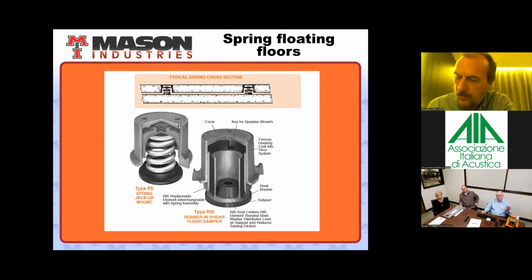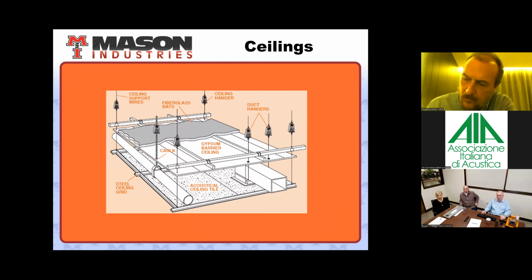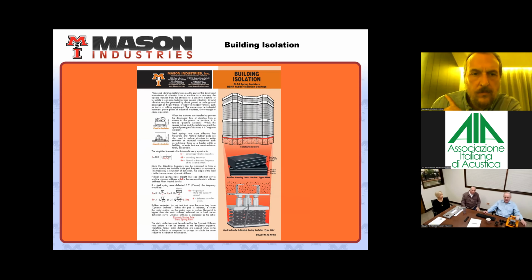And we also have floating floors to reduce impact for areas like gyms, bowling alleys, aerobic rooms. So I'm out of time and probably went over, which is my bad habit. So I'll turn it over to Doug, who will discuss some of the more challenging projects we've conquered in the last few years.